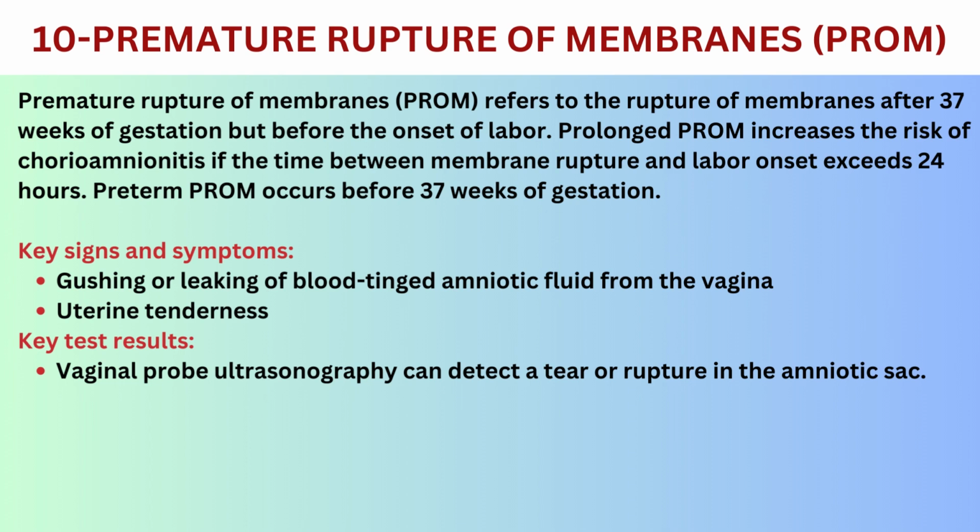Preterm PROM occurs before 37 weeks of gestation. The main signs and symptoms include gushing or leaking of blood-tinged amniotic fluid from the vagina, uterine tenderness. The test results: vaginal probe ultrasonography can detect a tear or rupture in the amniotic sac.